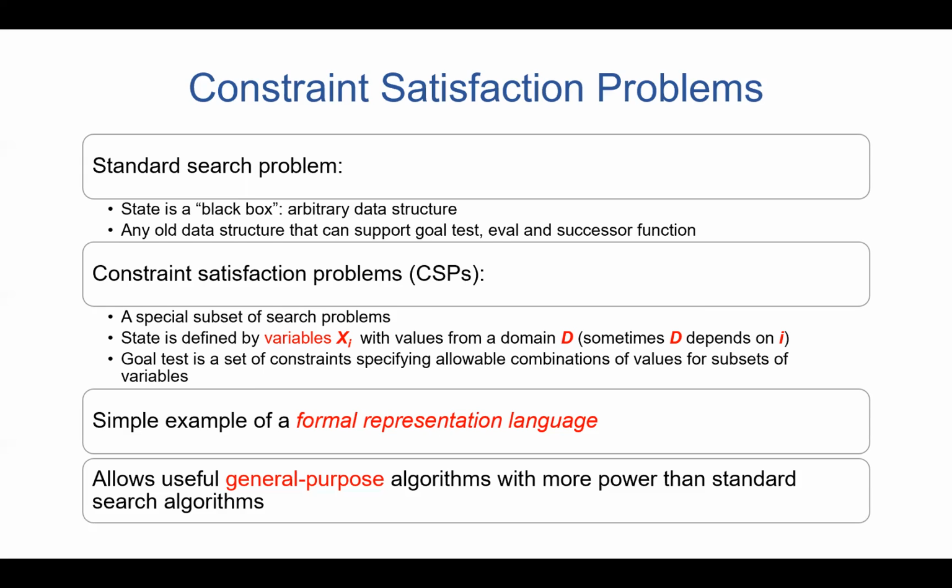Remember, we said that in A star, if we have an inconsistent heuristic, we might end up in a situation where A star is not even going to be optimal. So we had to make sure that our heuristic function is the most optimal, right? Here, what we have to do is be sure that we are consistent at every step by making sure that we are satisfying all the constraints that we have in hand before we solve the problem, okay?